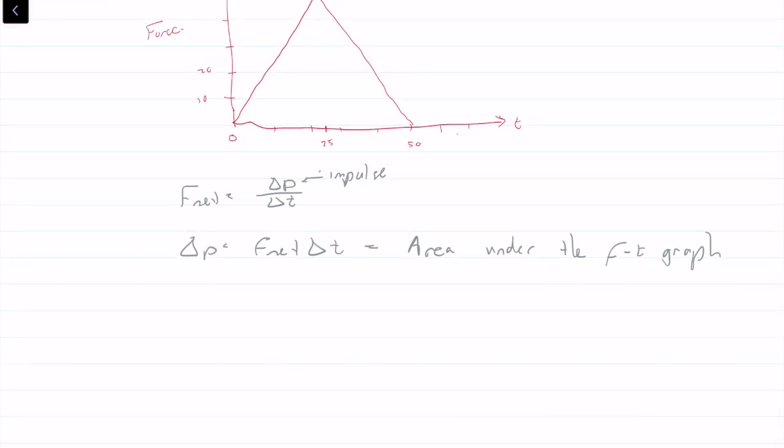So the impulse is equal to a half times my base, which is 50, times my height, which is 50 as well. So we can say the impulse is equal to, let's plug this into our calculator, that's 25 times 50, which is equal to 1,250.